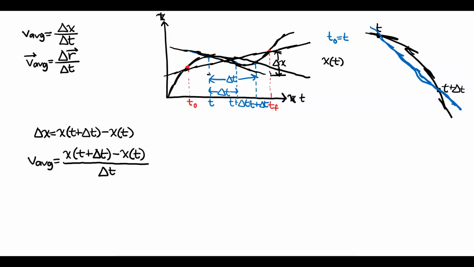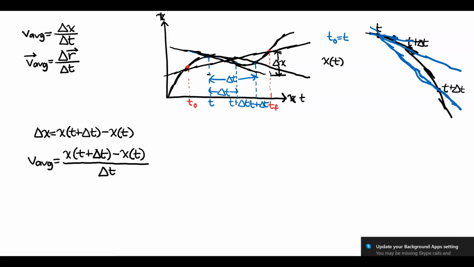It's kind of accurate, not really. But watch what happens as we decrease delta t. So this is our new delta t. We see that our line starts to approach this new line that literally just hits the point once.